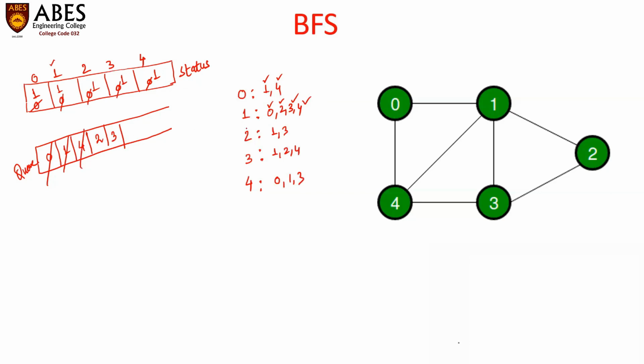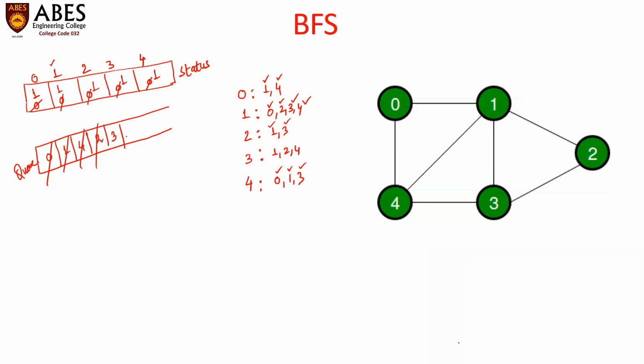Now let's delete vertex number 4 and let's see what are the connections from vertex number 4. So the connections from vertex number 4 are 0, which has already got visited, 1 is also visited, and 3 has already got visited. So we will not add anything further to the queue. Let's delete 2 and the connections from 2 are 1 and 3.